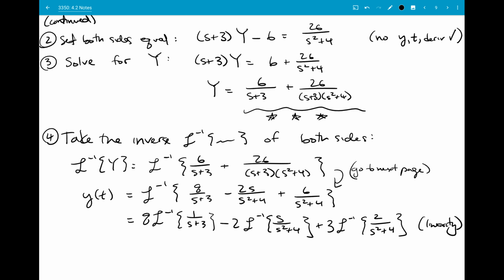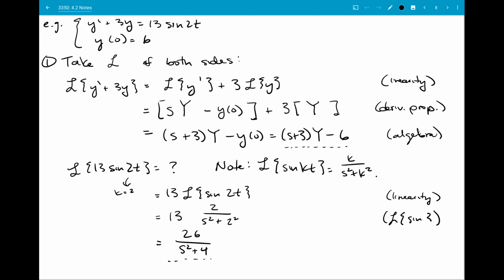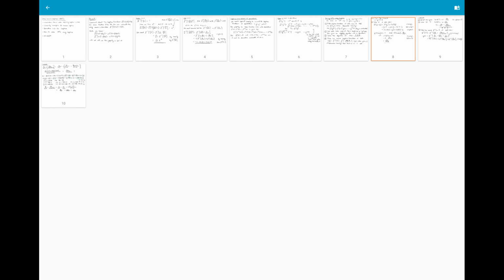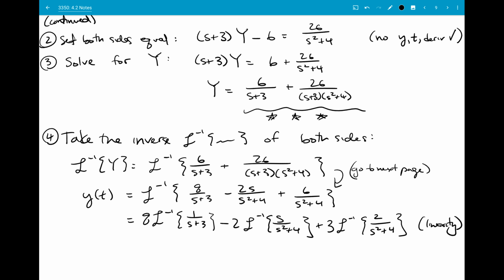And just now, when I chose to take 3 times L inverse of 2 over s squared plus 4, the reason is that I know 2 over s squared plus 4 is what undoes the sine of 2t from before. So it was easier to have the 2 inside instead of a 1.